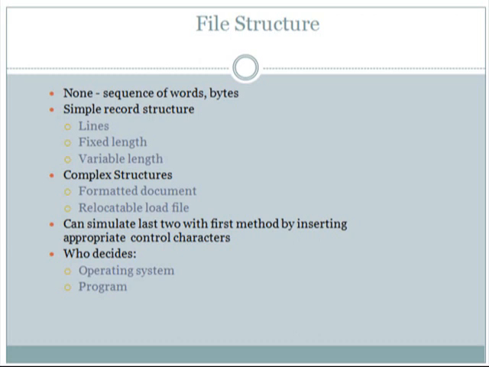It is possible to simulate the last two with the first method by inserting appropriate control characters. Who decides whether this can take place? The control is generally with the operating system or with the program.